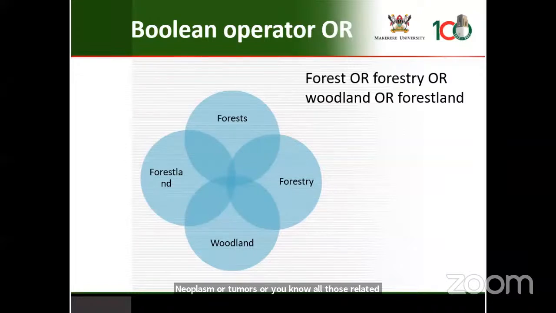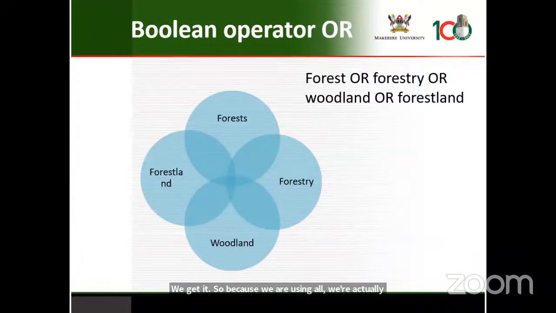They are combined with Boolean operator OR, because you want to pick studies that have either cancer in them or neoplasms in them or tumors in them, or those studies that have all of them. Do we get it? Because we are using OR, we are actually widening the search.